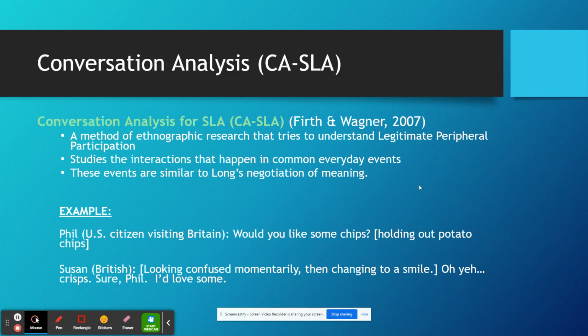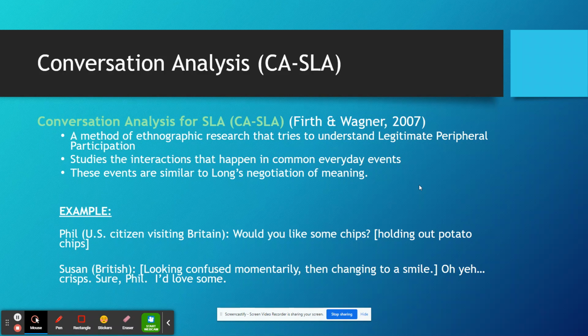In this case, Phil is an outsider learning to socially participate in British culture. He uses the US word chips. Susan helps him participate more appropriately by offering the British word crisps. In this way, Susan is helping Phil acquire her language and culture without being a teacher per se, and Phil is becoming a member of the community of practice.